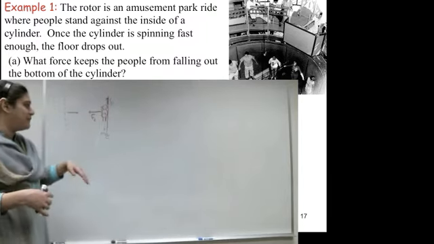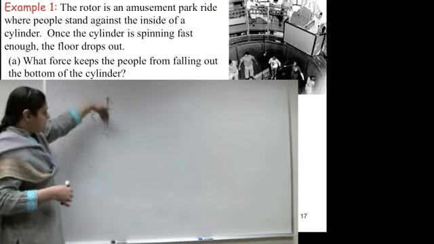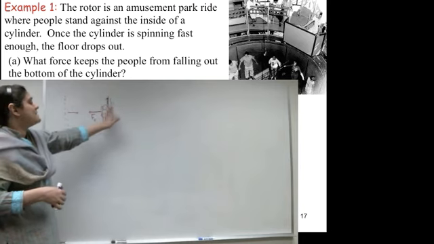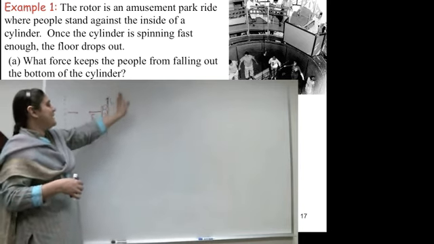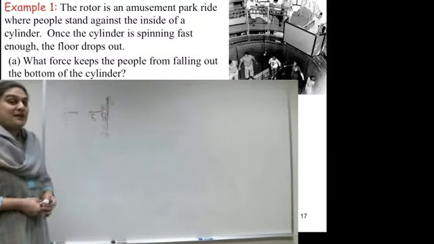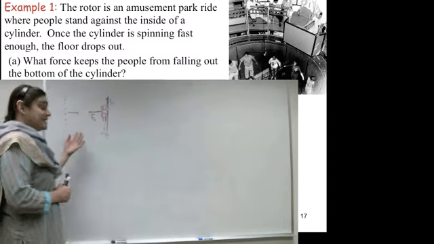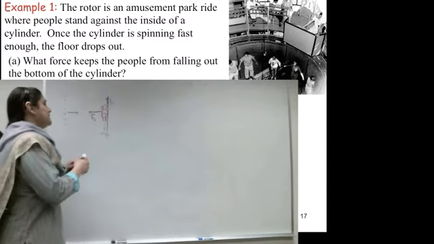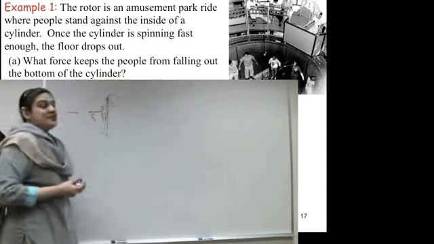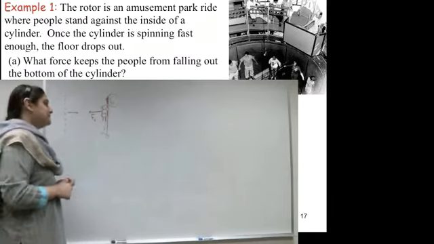So that's what's stopping him. If left to its own devices, if there was no friction, this object would slide down, right? Friction prevents it by acting opposite to its sliding force. So the answer to that question, what force keeps the people from falling off the bottom of the cylinder, is absolutely friction. Friction is the only force that's causing them not to move, right?